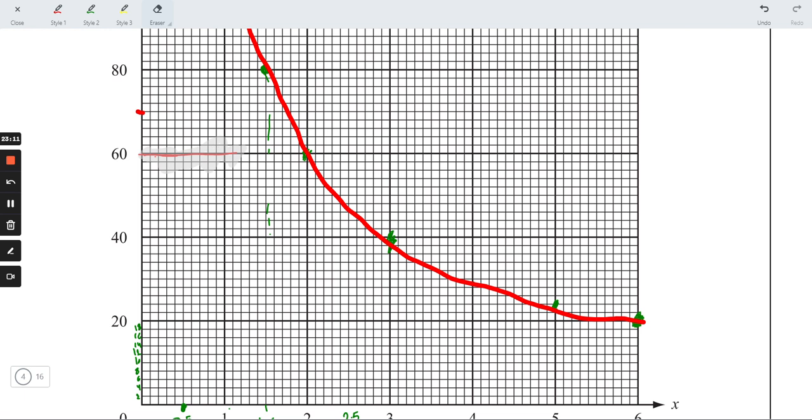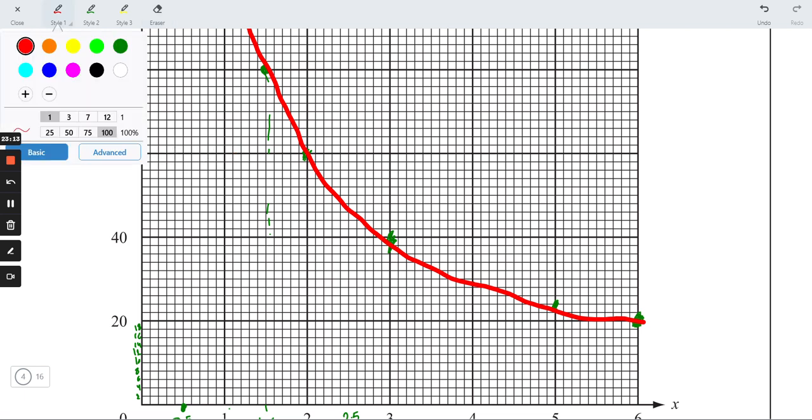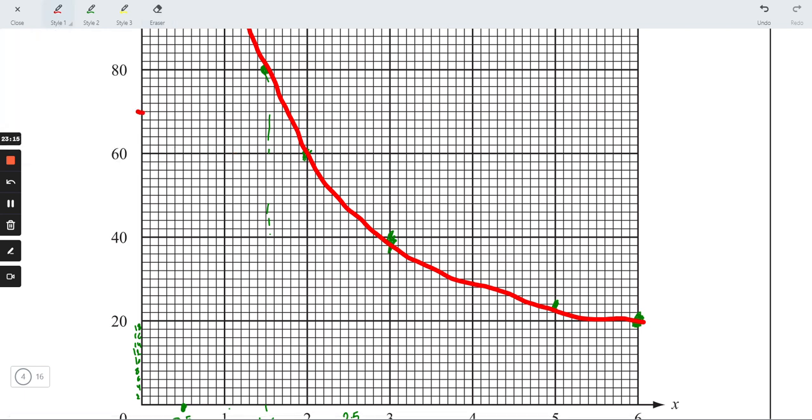From here, 70 will almost be here. Yes, it's like this, and you should find out what value it gives on the x-axis.